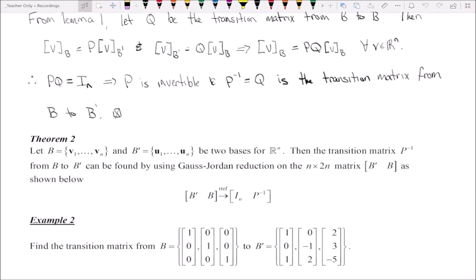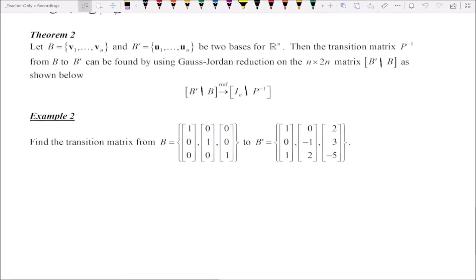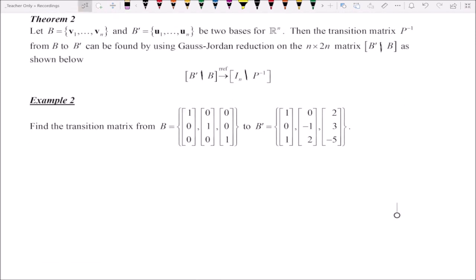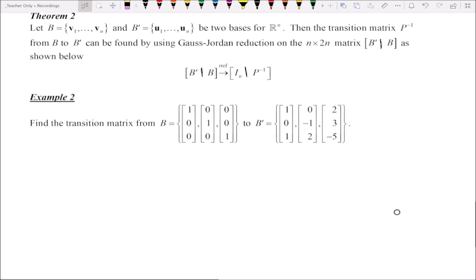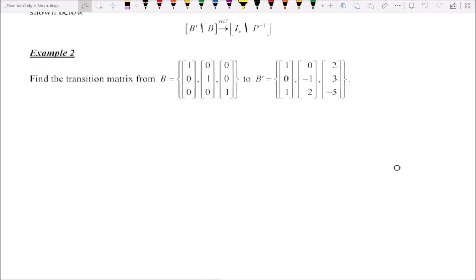Right. So actually we're going to be doing augmented matrices, right? So let's actually do this, right? So find the transition matrix from the basis B to the basis B prime given. Right? So the method is first set up B prime.